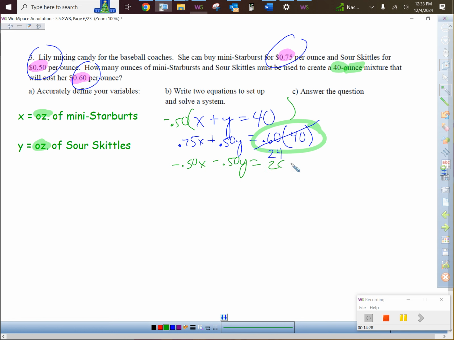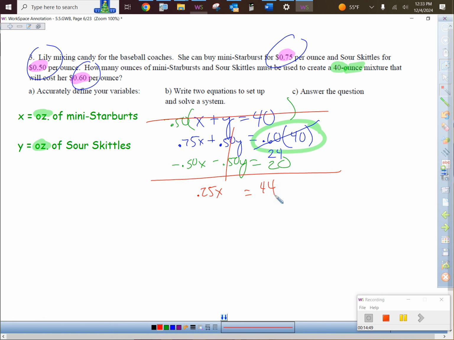And then lightly strike that out and add those together. So that is 0.25x. Those cancel. And then adding those together to get 44.